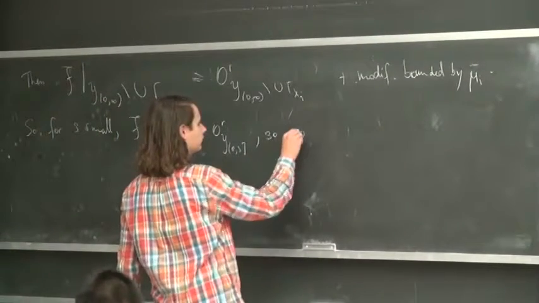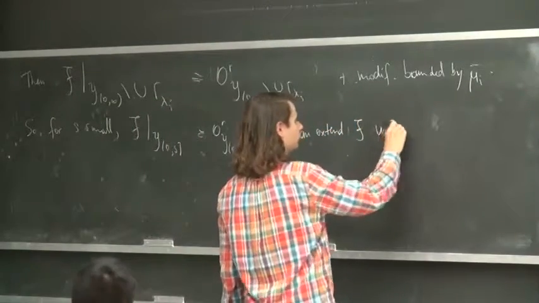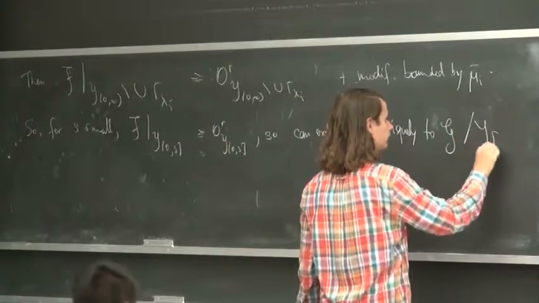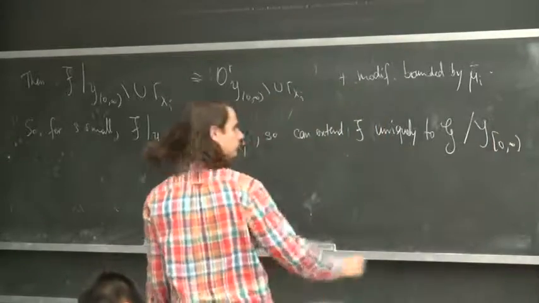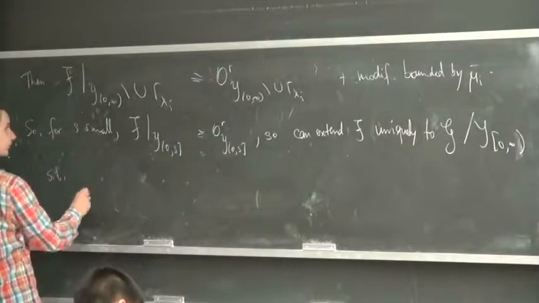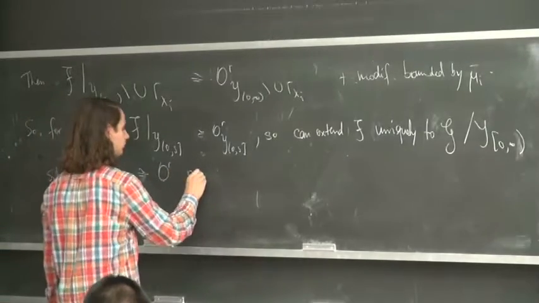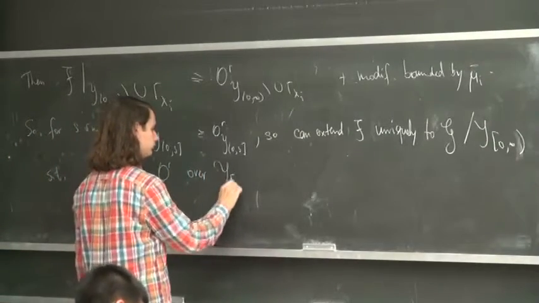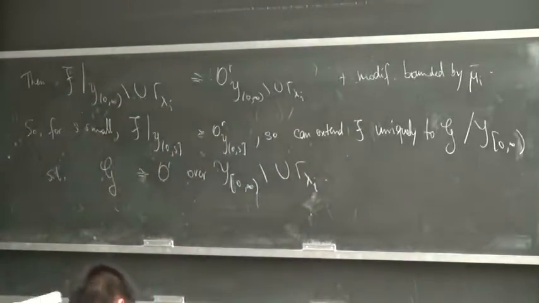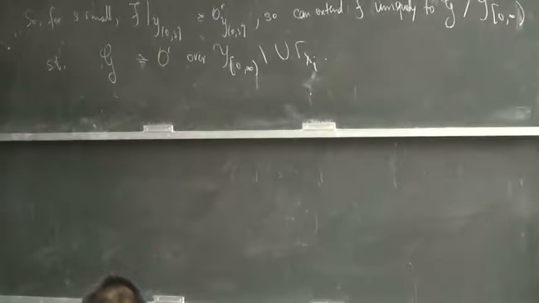So we can extend F uniquely to a G over all of Y_{[0,∞)}, such that G is isomorphic to O^R. And so this defines a period morphism.